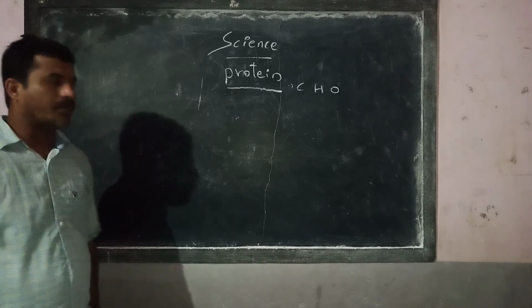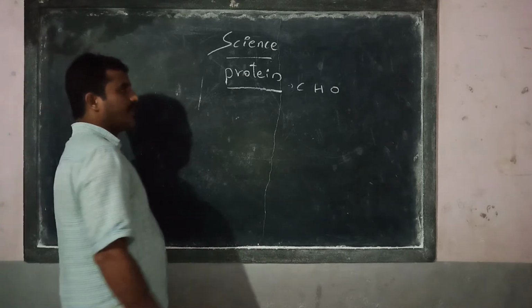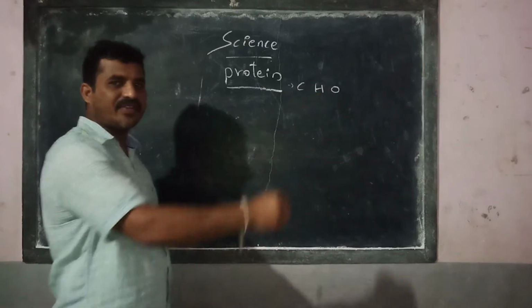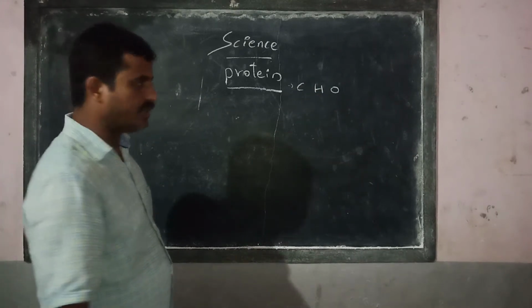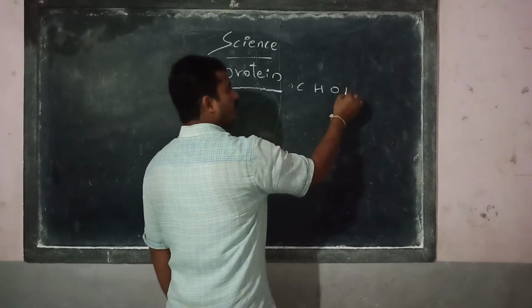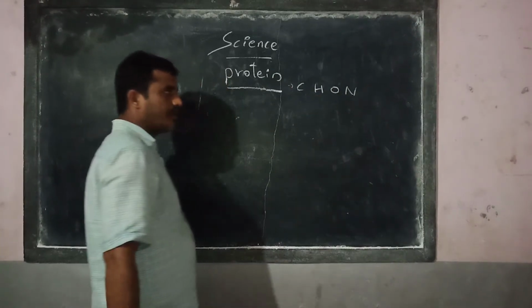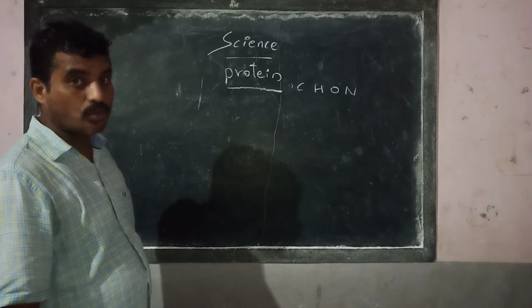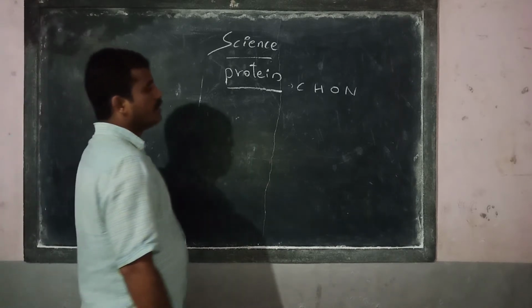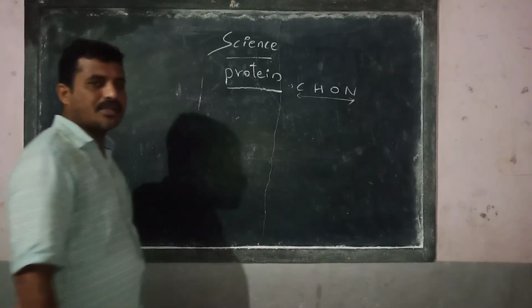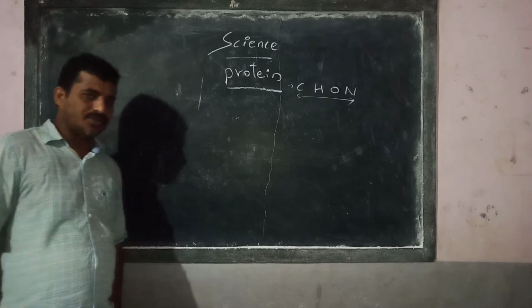Now we are going to discuss proteins. Proteins are made of carbon, hydrogen, oxygen. The only difference between carbohydrates and proteins is that proteins also have another substance called nitrogen. So they are made of carbon, hydrogen, oxygen, and nitrogen.